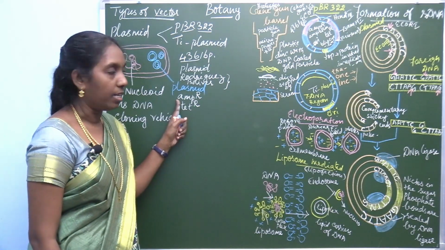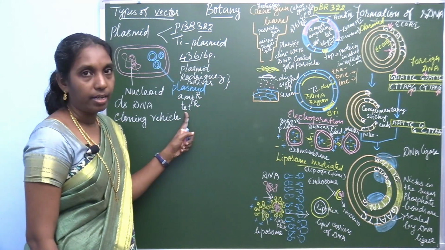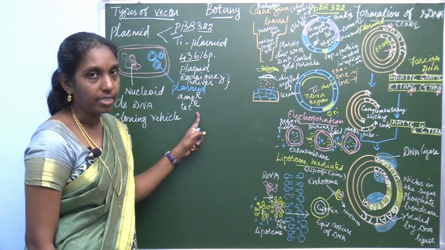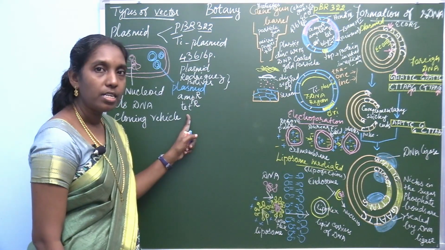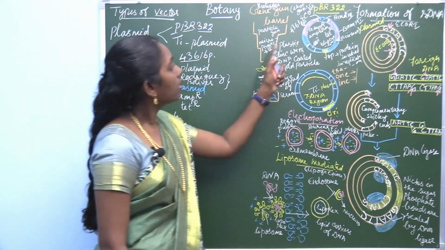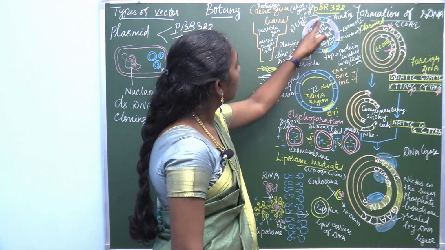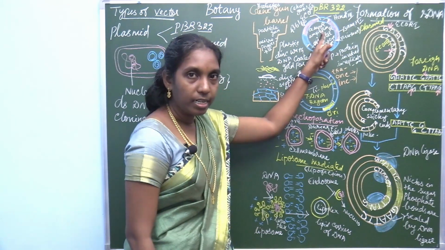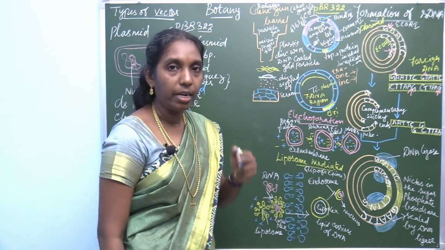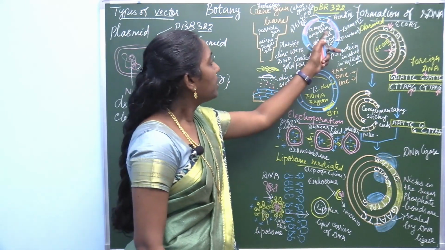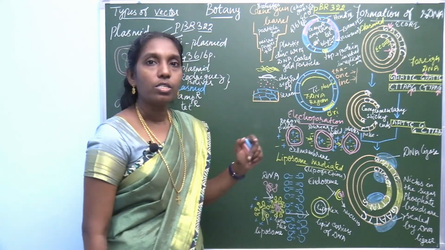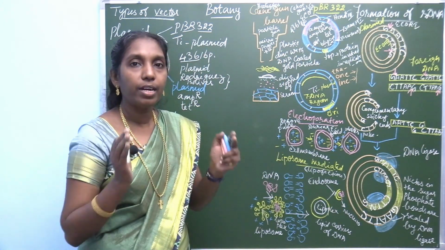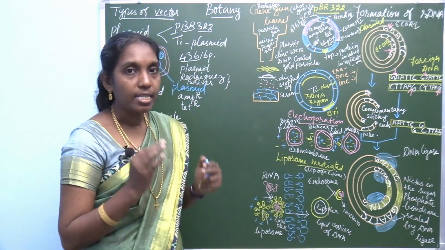AMP is ampicillin, and TET is tetracycline. So it contains two different antibiotic resistance sites, ampicillin resistance and tetracycline resistance, shown in this picture by this color.